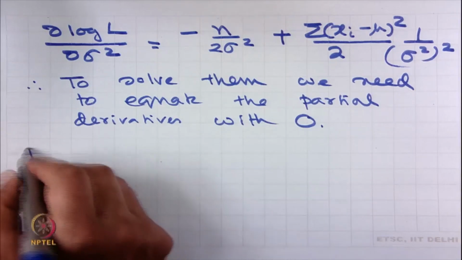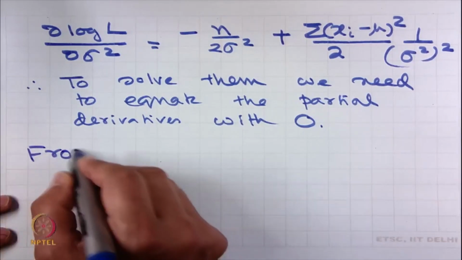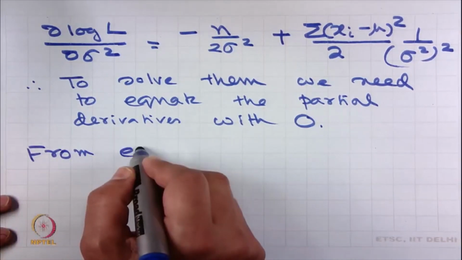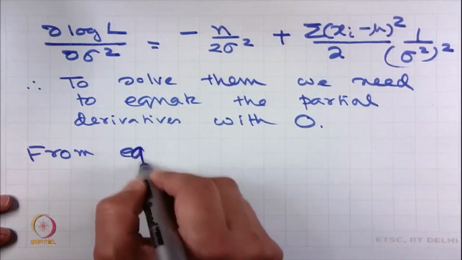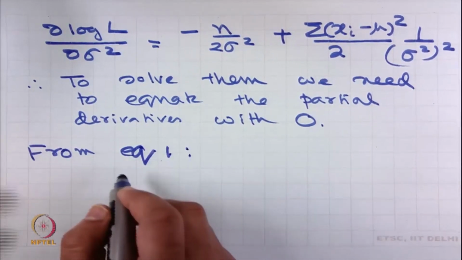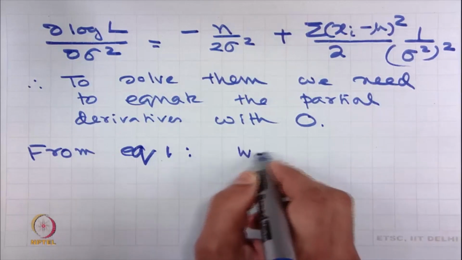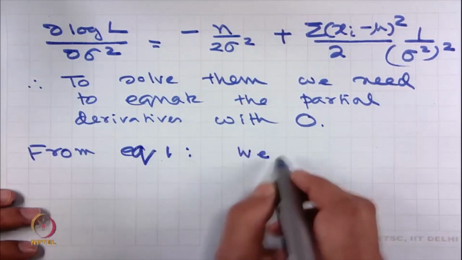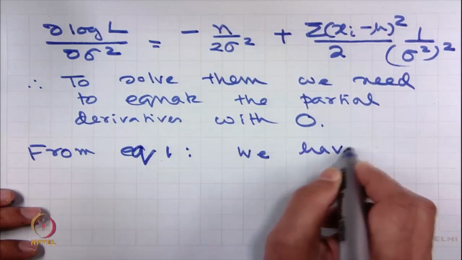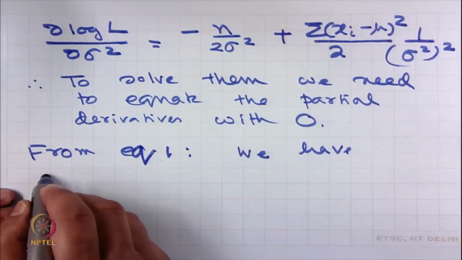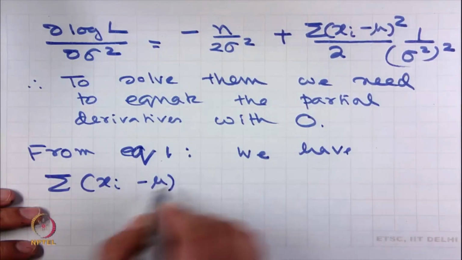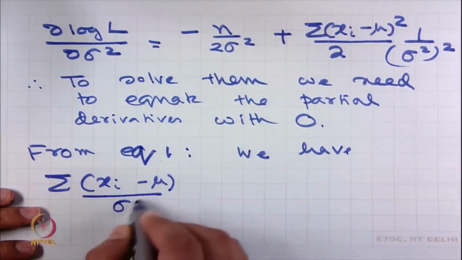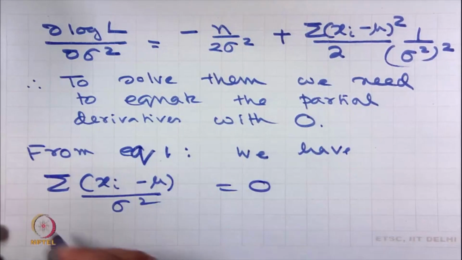From equation 1, we have minus sigma xi minus mu upon sigma square is equal to 0.